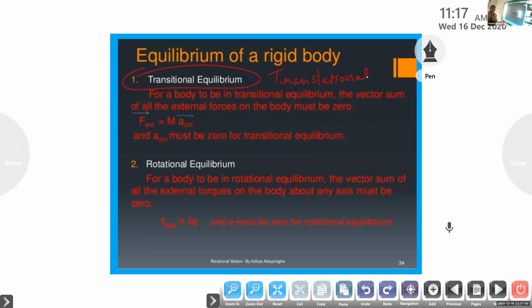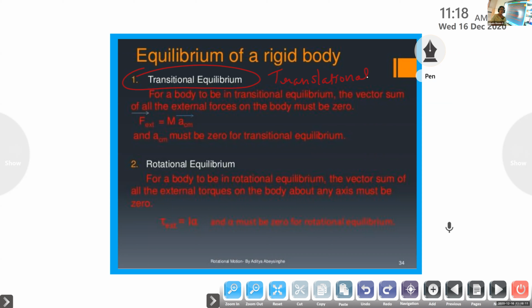But in the case of rotational motion, I already told you, in circular motion, a planet is revolving around the sun. It will have both translational motion at the tangent and rotational motion about the axis. So rotational motion means there's a possibility that the rigid body can exhibit both.